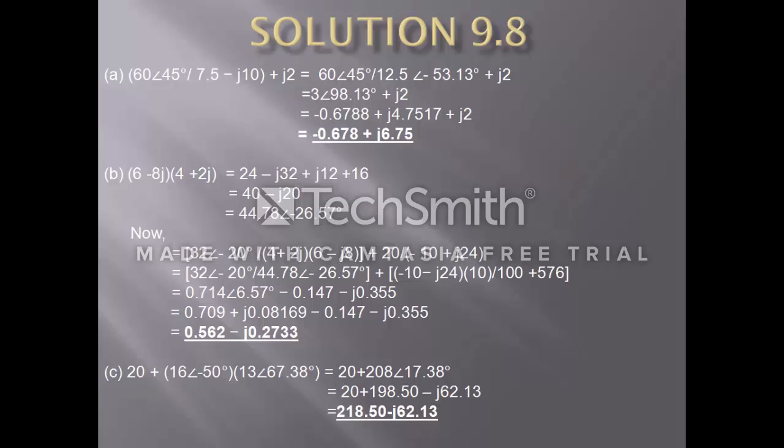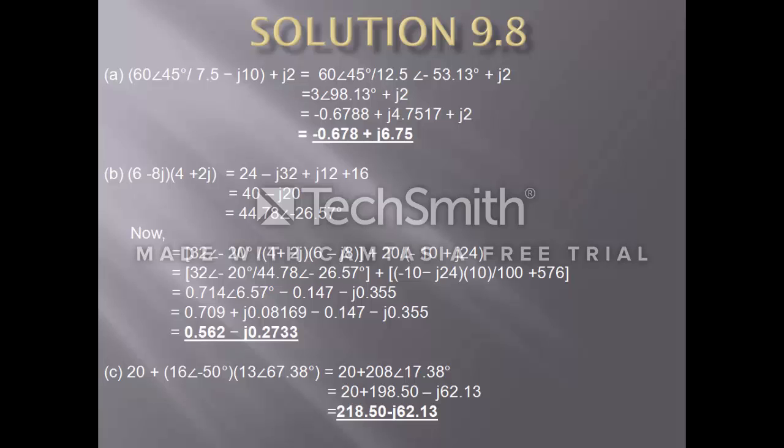For the B part, the question says 32 with a phase angle of minus 20 degrees divided by 4 plus 2j multiplied by 6.8j plus 20 divided by minus 10 plus 24j. So we solve the denominator of the first bracket and it comes out to be 44.78 with a phase angle of minus 26.57 degrees.